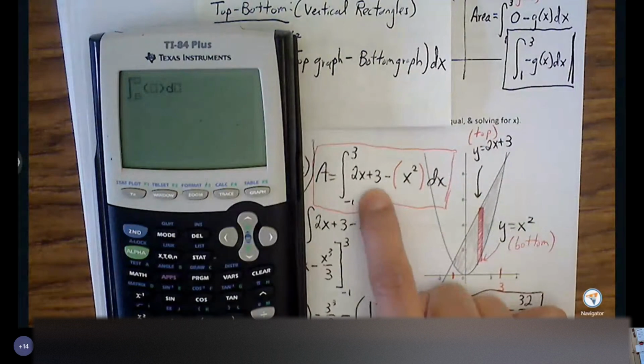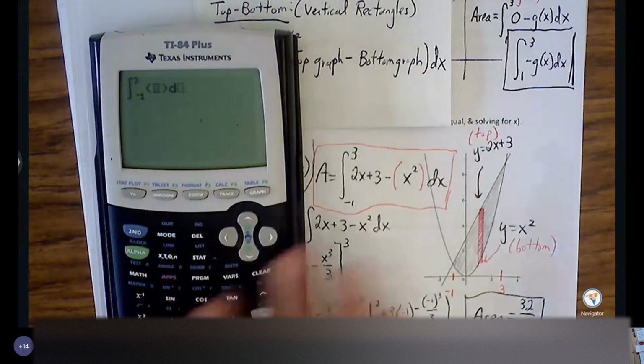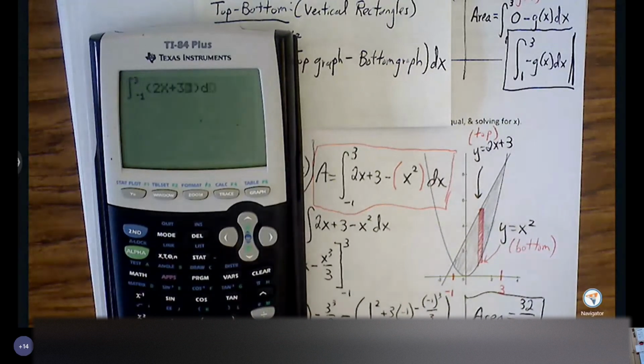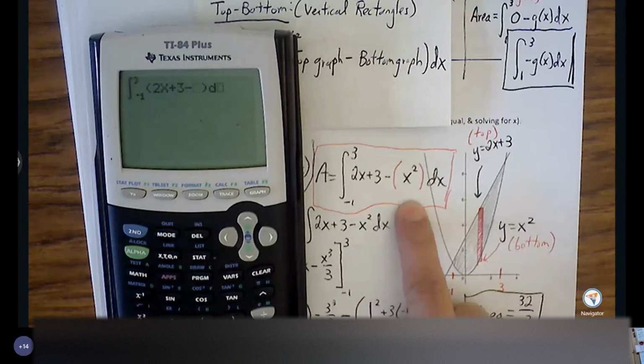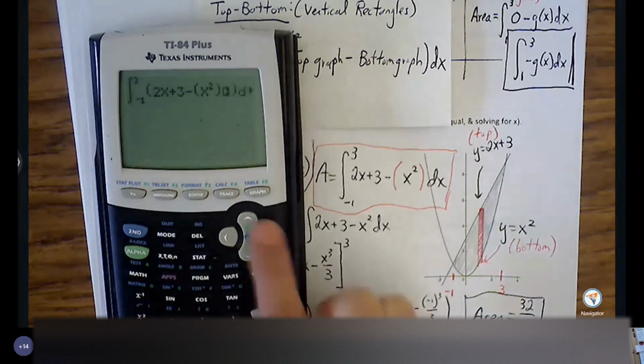So we'll do, first, the bounds from -1 to 3. 2x plus 3 minus parentheses x squared, close parentheses, dx.